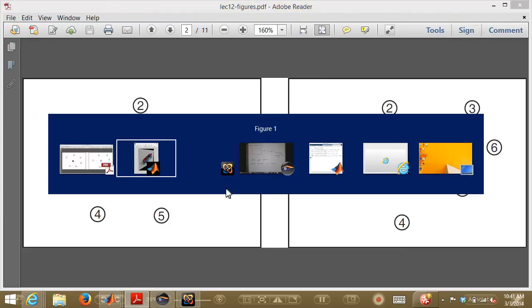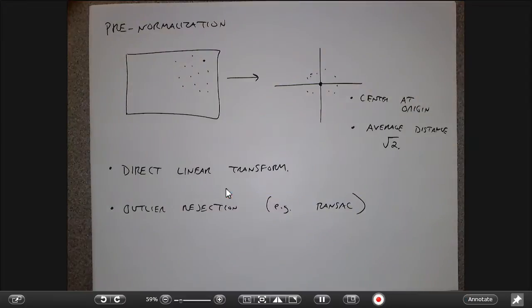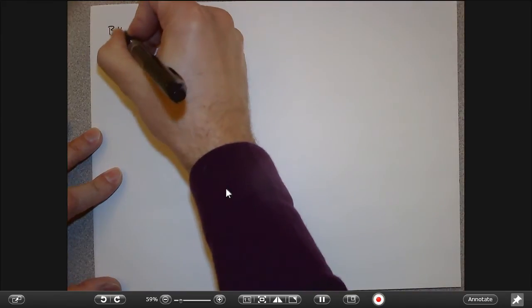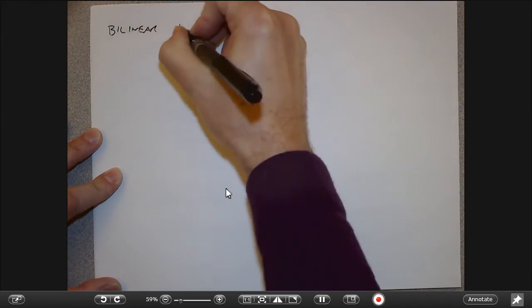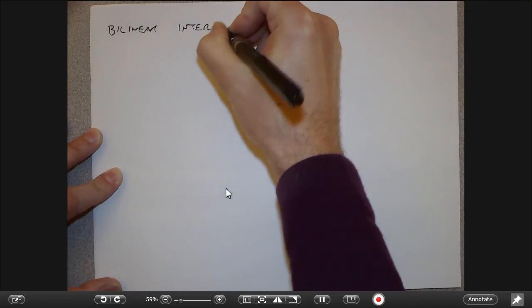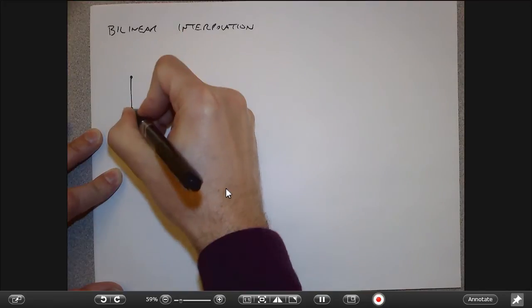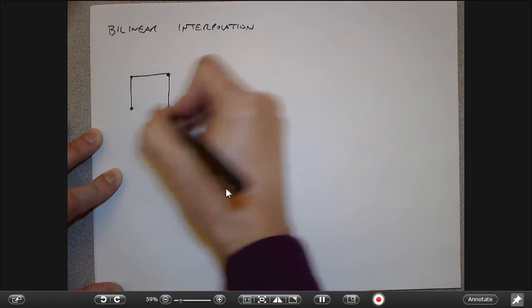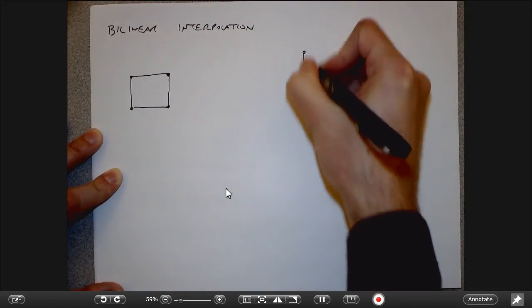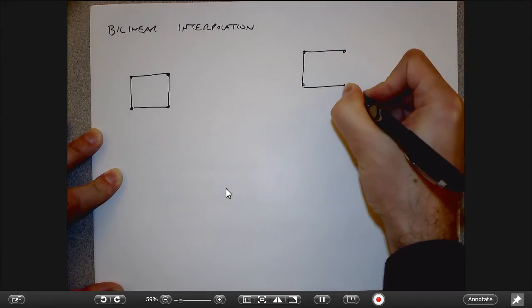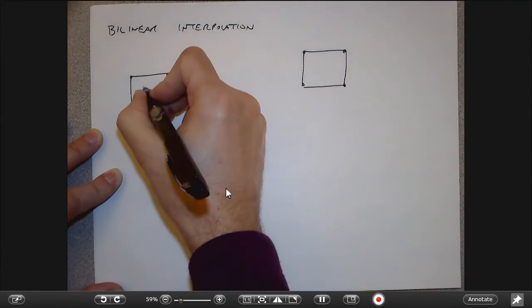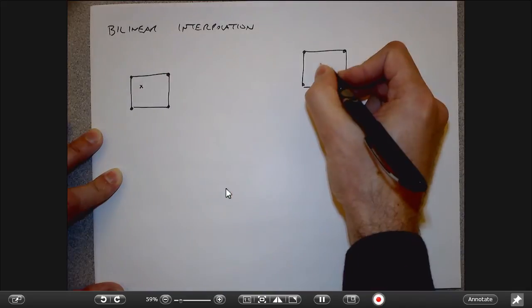You may have heard, if you've ever done any computer graphics, have you heard of bilinear interpolation? All the time? Okay. Basically, bilinear interpolation says, suppose I have a grid square in image 1 and some corresponding grid square in image 2. How would I know where this point goes over here?